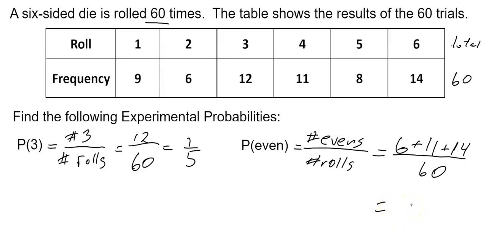So let's see, when I add 17 and 14, that gives me 31. So we rolled 31 evens and we made 60 rolls. That is the probability of rolling an even number. And it's by actual rolling, so that's why it's an experimental probability.